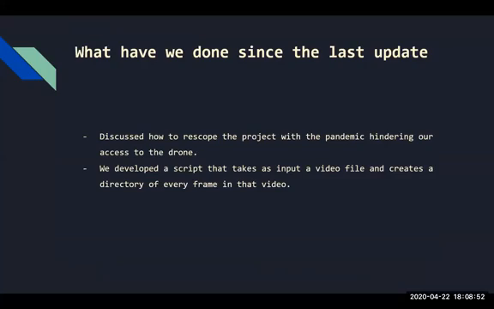West wants us to identify objects as they come into the frame and start recording so that we store footage of only when the birds are in frame, rather than storing the complete footage of every minute of the day to save storage space. While working towards this new rescoped project, as our first step, we have created a script that takes in as an input an MP4 file and makes a directory of JPEGs of every frame in that video.